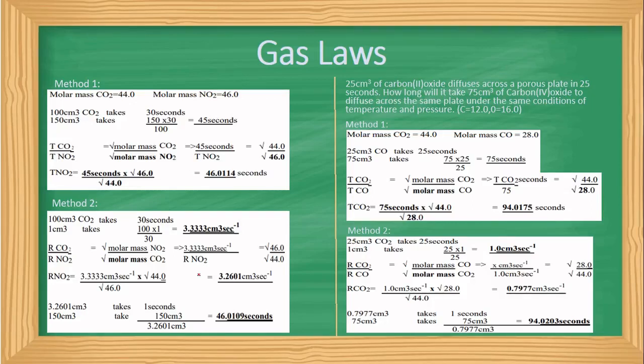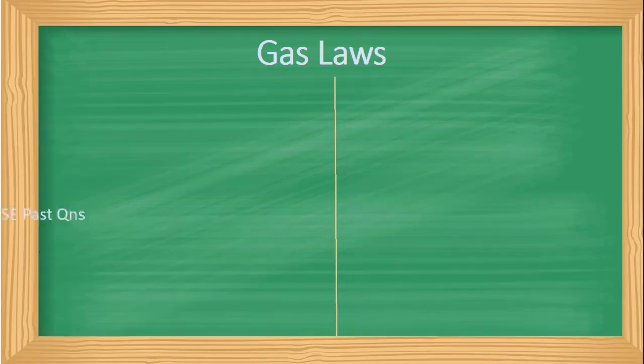So now with that, you can divide the 75 centimeter cubic with the rate, and you find that it will take 94.0203 seconds to have the carbon 4 oxide diffused through the plate.